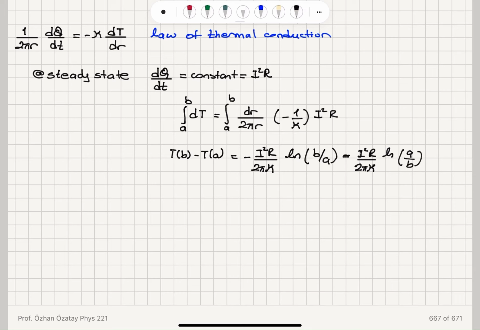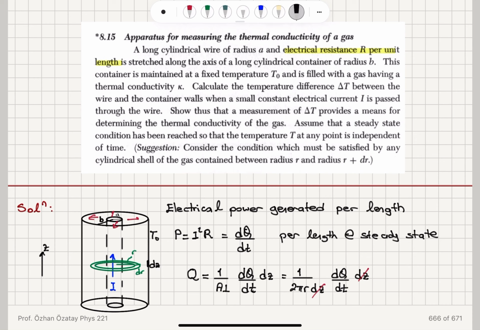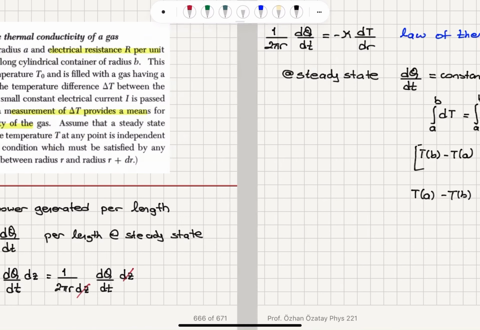If I operate the minus sign here, this goes as to the power minus 1. So if I take this equation and multiply it by minus 1, I will obtain the temperature at A minus the temperature at B. So a measurement of delta T provides a means for determining the thermal conductivity.